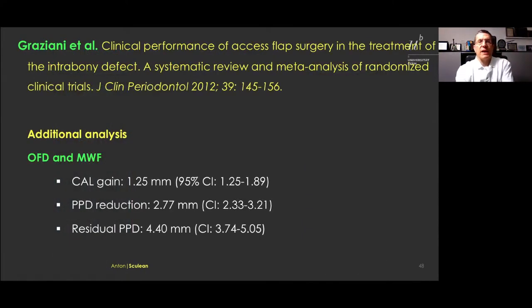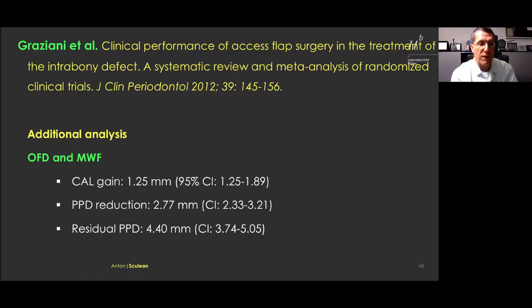So look at this very nice systematic review performed by Professor Graziani in Italy. He looked at the outcomes following flap debridement alone without any regenerative material, and he looked at the performance of different types of flaps.